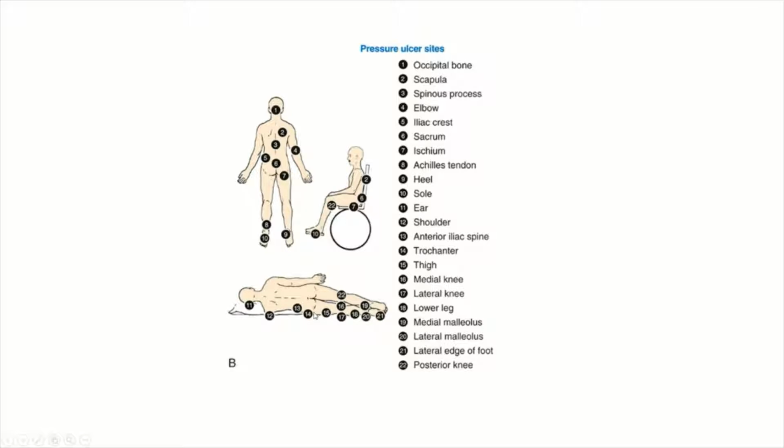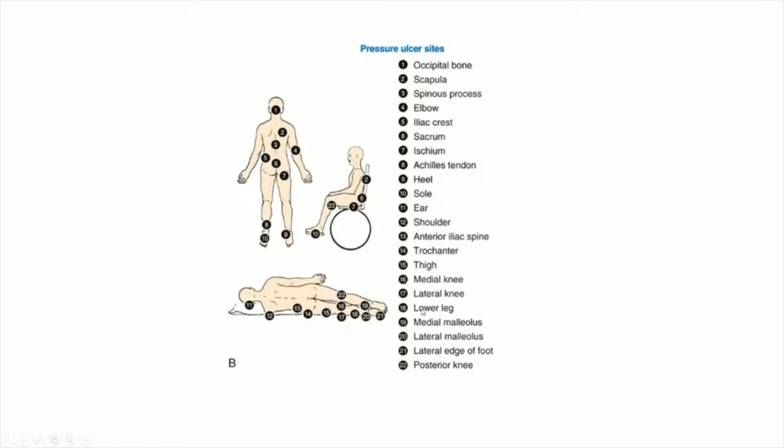We have the anterior iliac spine, the trochanter, the thigh, the medial knee, so the inside of the knee. If you're lying on your side and for some reason this knee might be causing pressure with the other knee, the inside of the knee could cause pressure injury if there's enough pressure being put on it to collapse the blood vessels and impede blood flow.